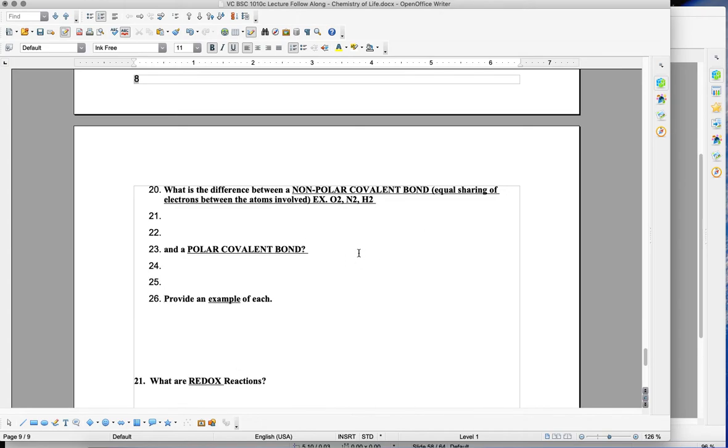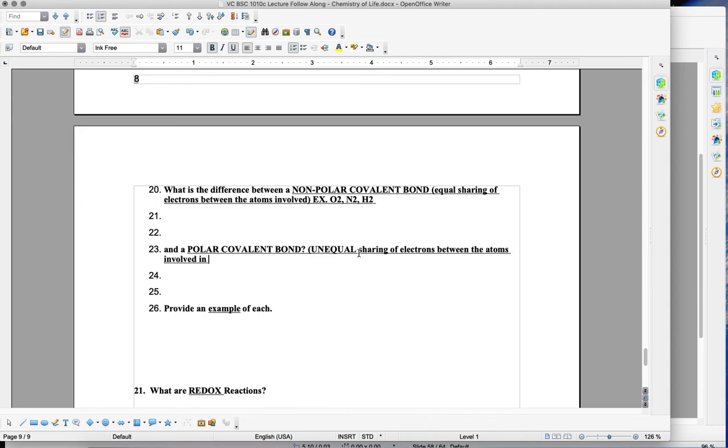A polar covalent bond is unequal sharing of electrons between the atoms involved in the molecule. An example here would be water. That's going to be our most used example in this class, water.